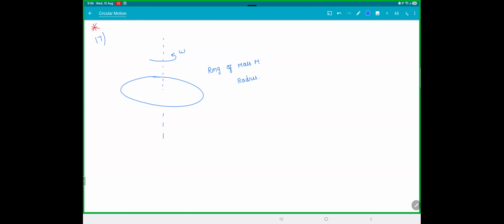Now, if you look at this top view, every segment of the ring has a centrifugal force, dm omega square r. It is pulling away from the center. So the centrifugal forces are trying to stretch the ring.